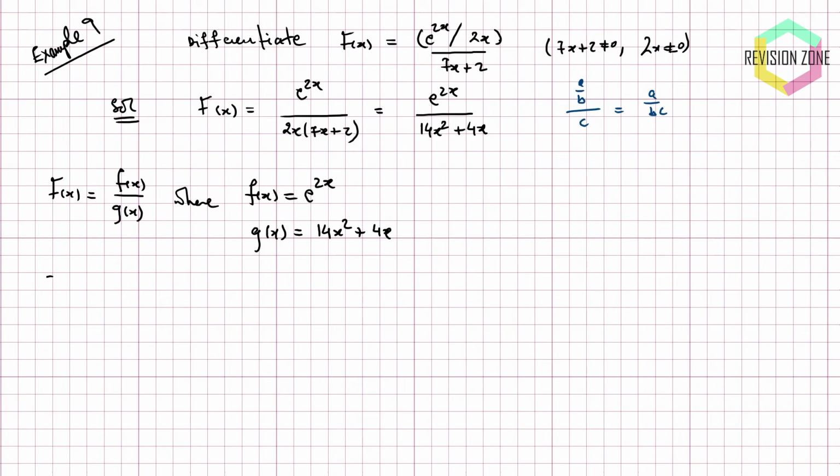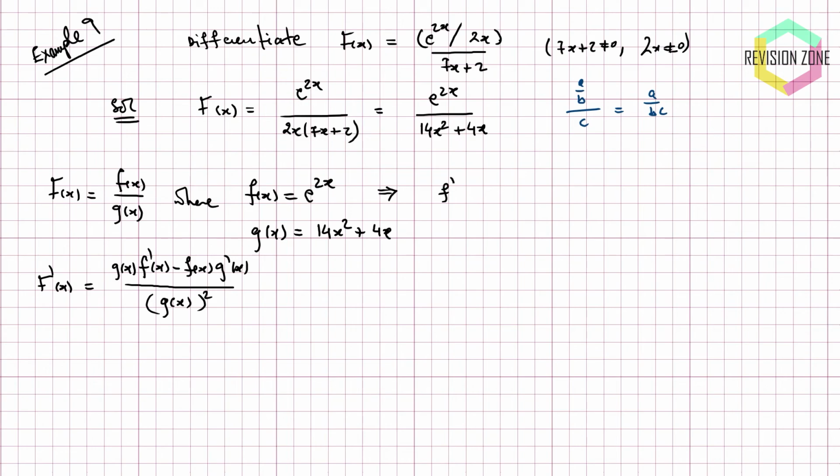So the quotient rule formula, of course, is g of x, f prime x, minus f of x, g prime x, and then the whole thing is over g of x squared, right? As always, we need f prime and g prime. We have f and g, so let's use them to work out f prime and g prime.